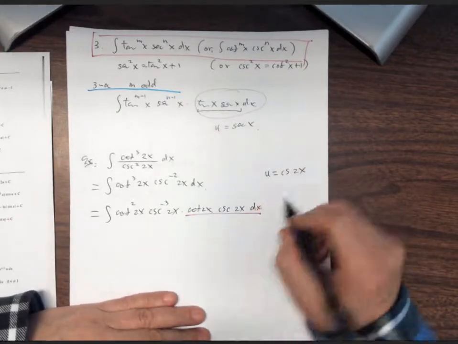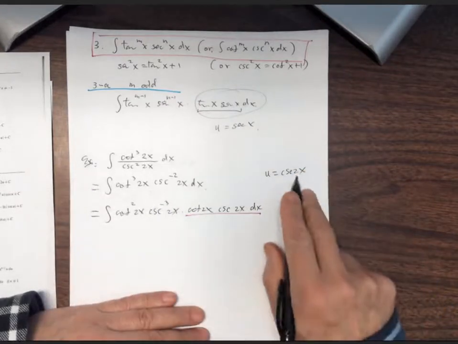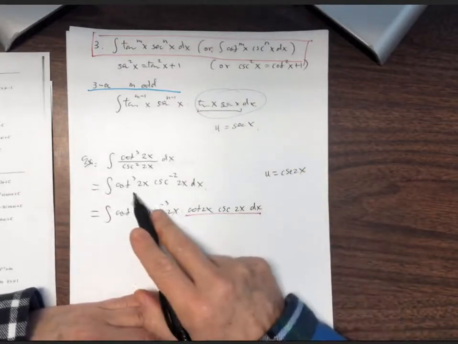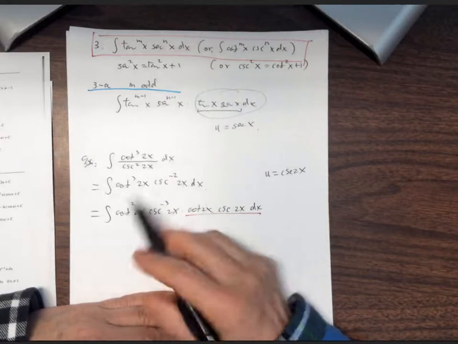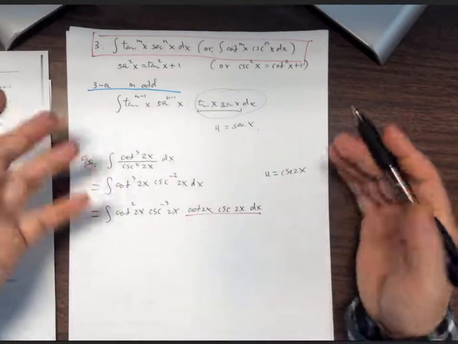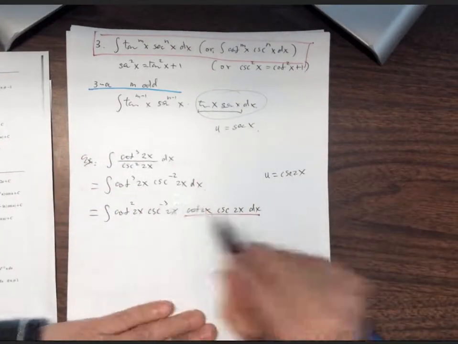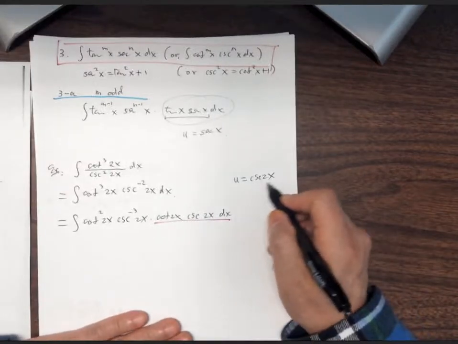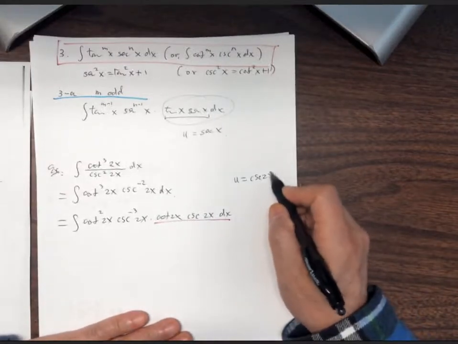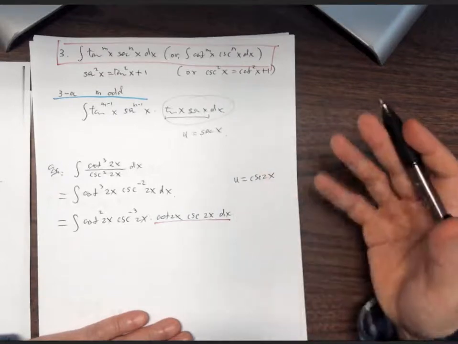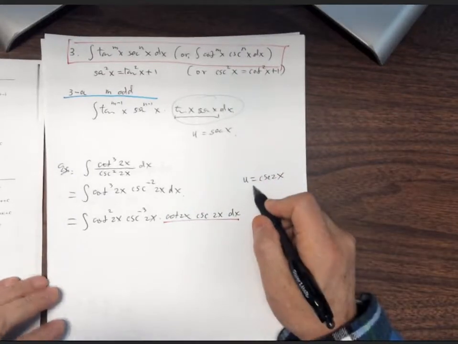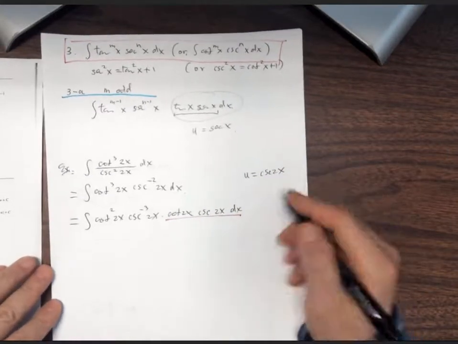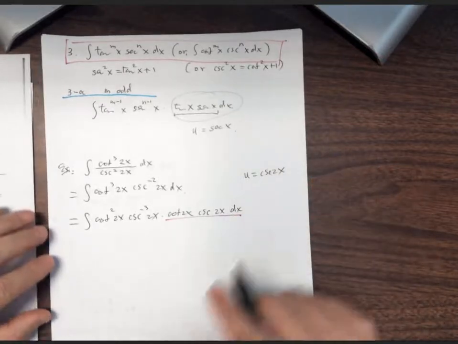Now, if we can do the substitution, we don't need to worry about the 2x. Like, should we try u equal to 2x first? Take care of it? No, because there is some substitution we have to do anyway. The 2x can be taken care of at the same time, by the same substitution.